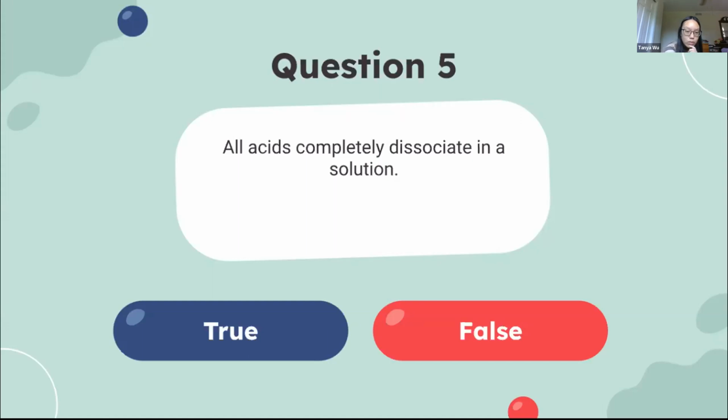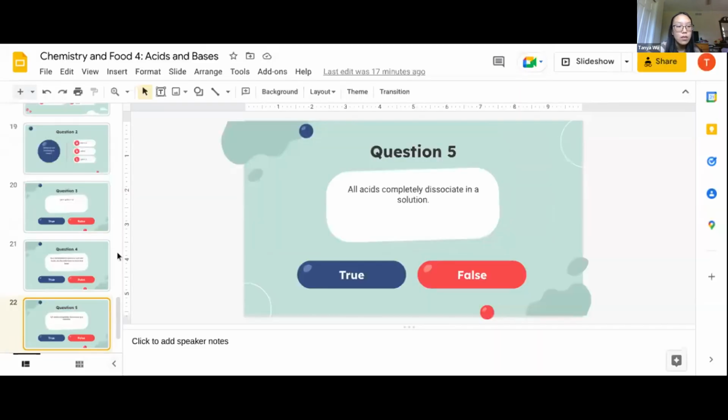Okay, so this one is false because only strong acids completely dissociate. Most acids are weak, so they only partially dissociate in a solution.